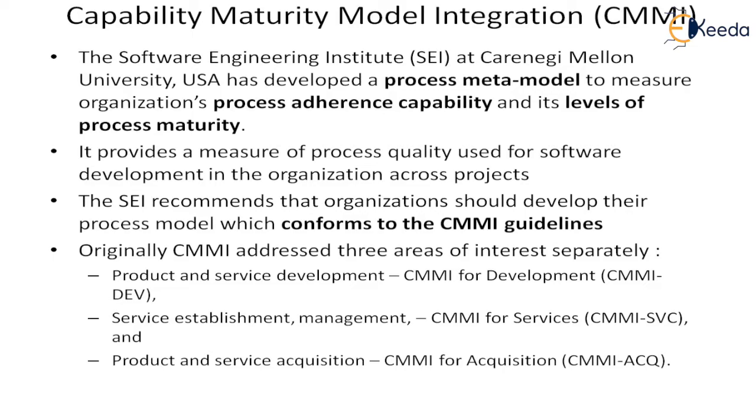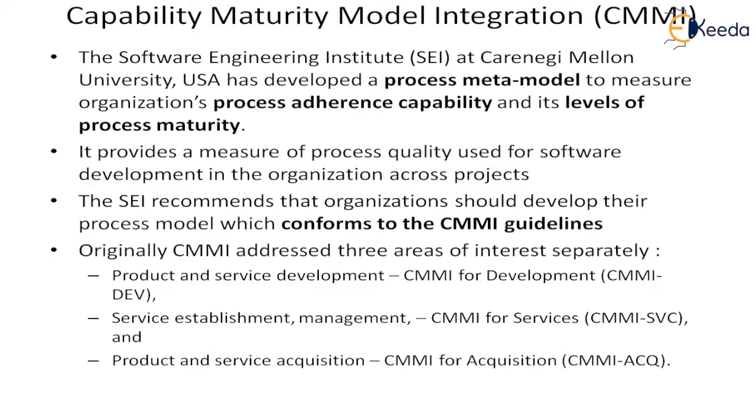Originally, CMMI had three different standards. In the software area, they dealt with three different types of industry. The first one was product and service development industry. The second one was service establishment and management, that is those kinds of IT industry who provide services or manage the IT services.